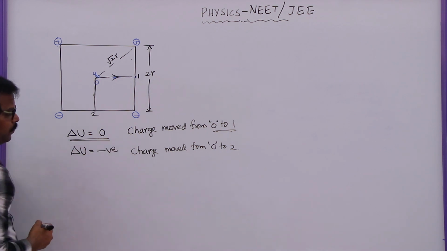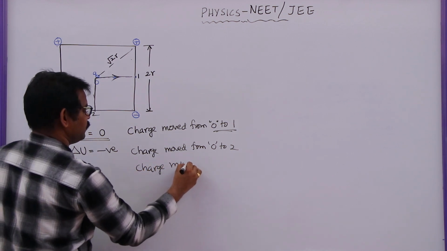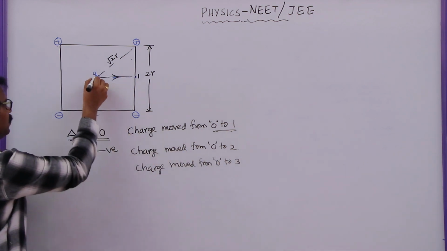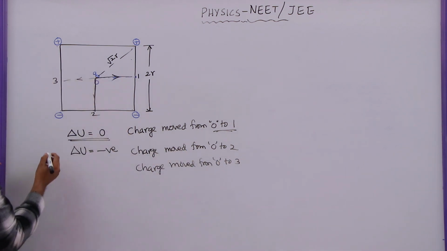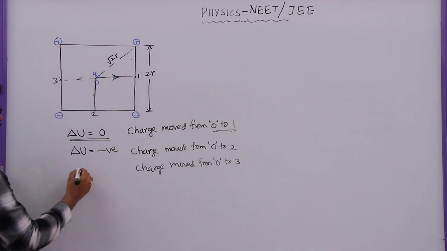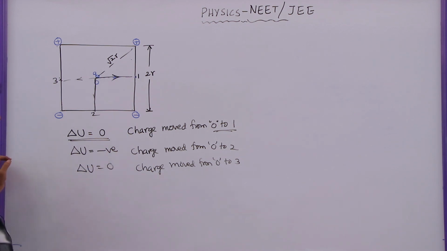Similarly, if a charge is moved from O to 3, in this case also the net distances as well as the charges together will become 0. So the change in potential energy will be 0.